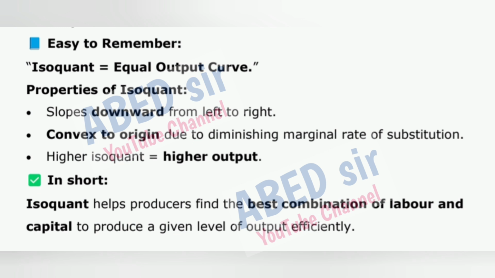Properties of isoquant: slopes downward from left to right. Convex to origin due to diminishing marginal rate of substitution. Higher isoquant is equal to higher output. In short, isoquant helps producers find the best combination of labor and capital to produce a given level of output efficiently.